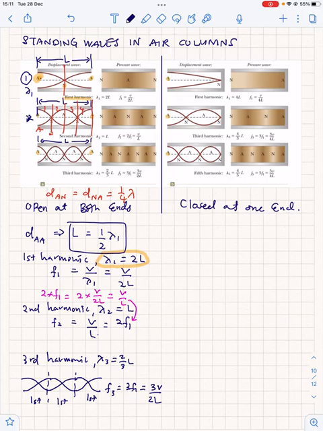Okay, alright guys. This one is for the standing wave in an air column open at both ends.